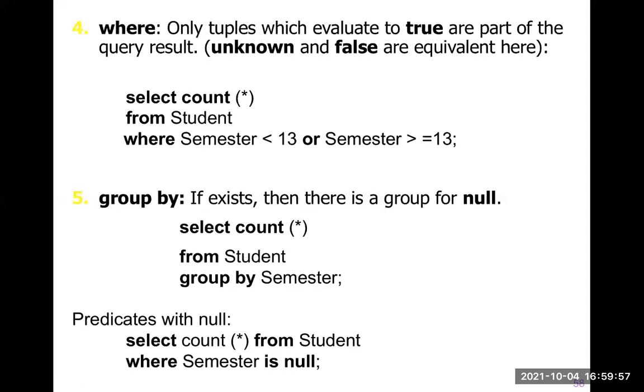But what if I want to count exactly those where semester is null? I use IS NULL, which returns true if the value is null. I can't put an equality sign here. If I say semester equals null, the result would be 0. No values are equal to null, but IS NULL returns true for null values.